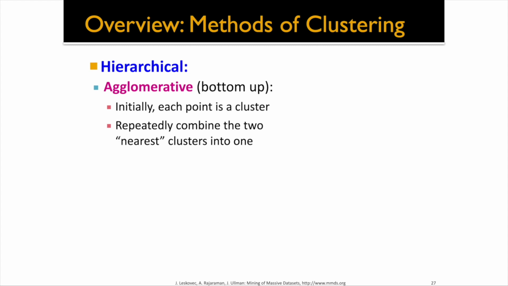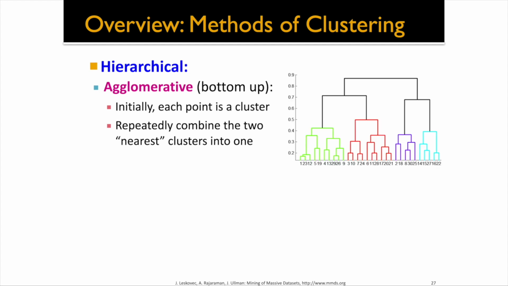You take the two closest clusters, combine them into a new cluster, and repeat the whole process. This visualization here is called a dendrogram. We'll talk about that more in a few minutes, where you start off with every node as an individual leaf for its own cluster, and then you merge up the tree to generate this hierarchical clustering structure.